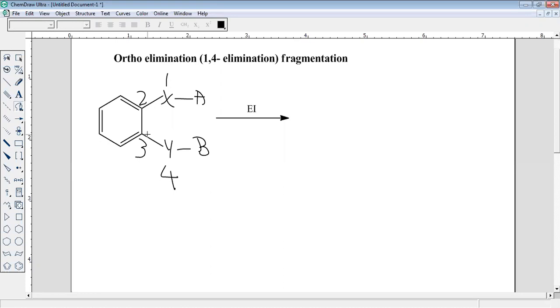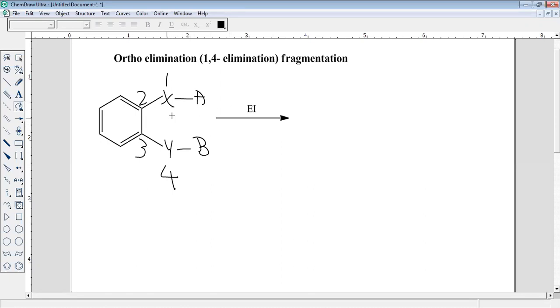So what will happen? They are closely related as A and B. They are in a very good vicinity, we can say, in special contact with each other, very particular. A and B are in very close proximity, so therefore this undergoes 1,4 elimination.